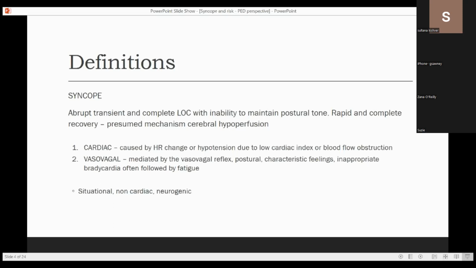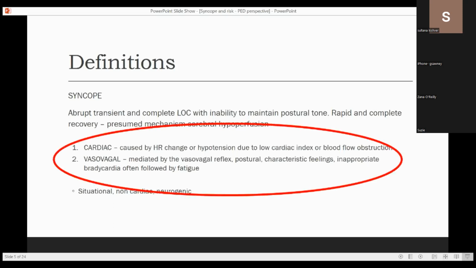So the actual moments that people who fall because of a vasovagal problem can shake, they can have eye rolling, lots of things that you do see in seizures. So it's important to know that the fatigue is normal, but confusion and drowsiness is not. So these two, because they're the two that are related to what I'm going to say.